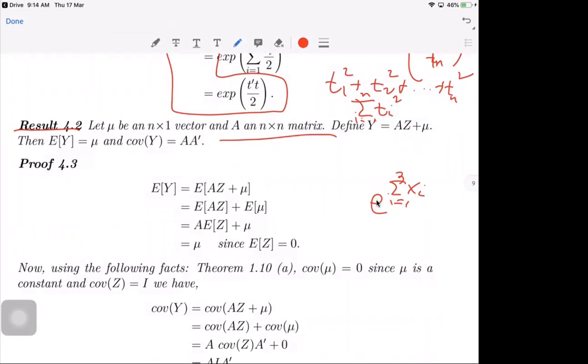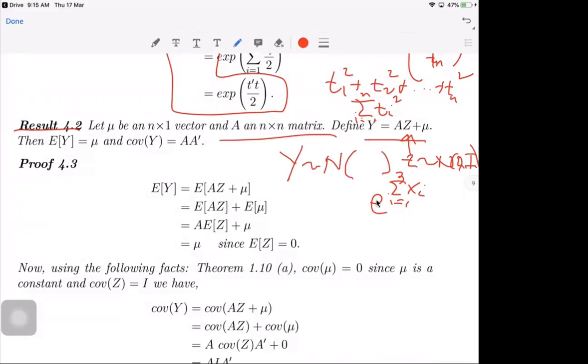We define a transformation, say y is equal to Az plus mu, where z is normally distributed with mean vector 0 and covariance matrix I. If we transform a standard normal to Az plus mu, y is still normal, but we will look now at its parameters.